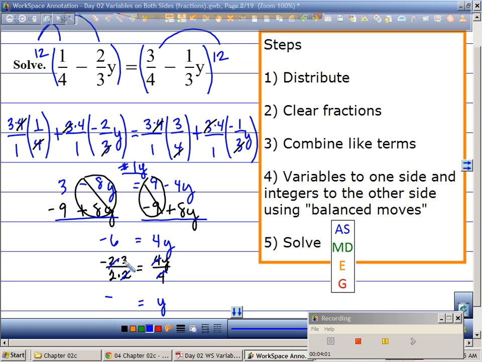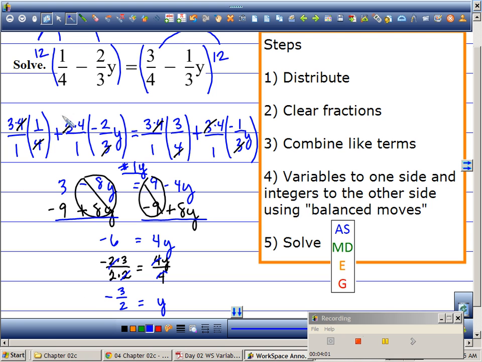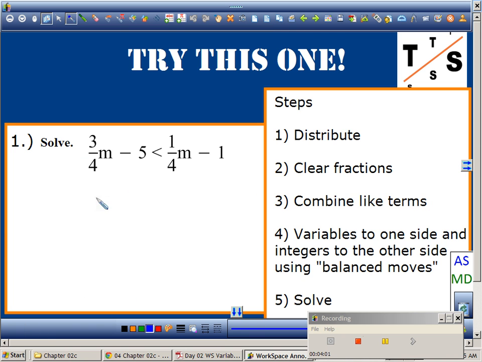No. There's a 3 there. 3 over 2. Negative 3 over 2. I'm sorry, is that what you said? I apologize. I thought you said 0 over 2. Questions on this one? All right, you guys try one. Try this one.